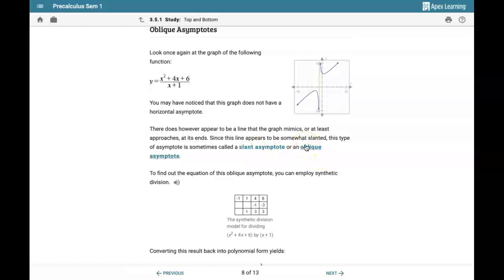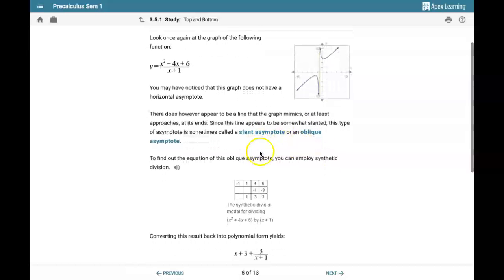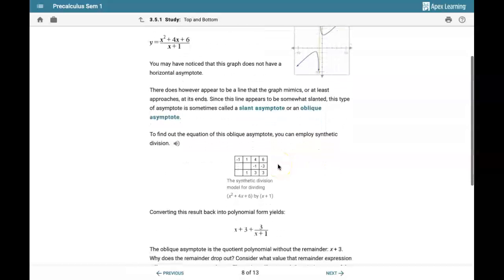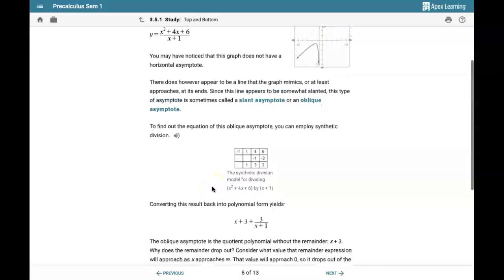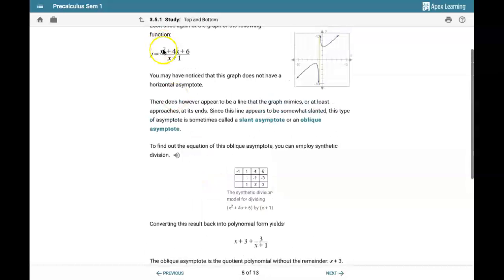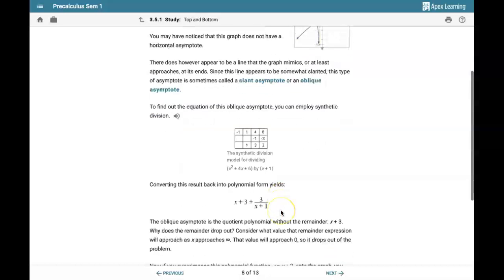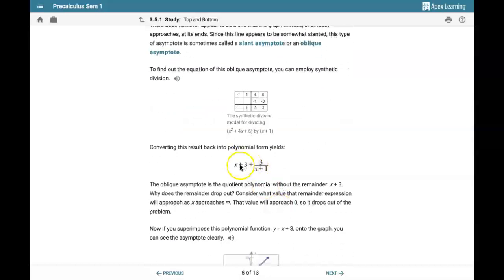To figure out the equation of this oblique asymptote, we could do the synthetic division that we worked on here. If we look at x squared plus 4x plus 6, and we divide by x plus 1, we end up with x plus 3 plus 3 over x plus 1.